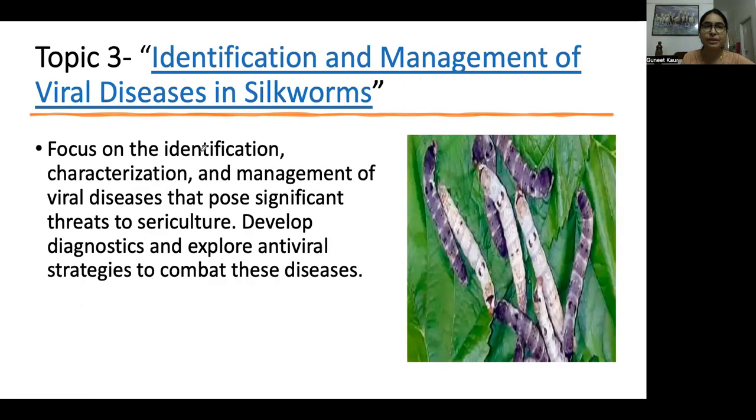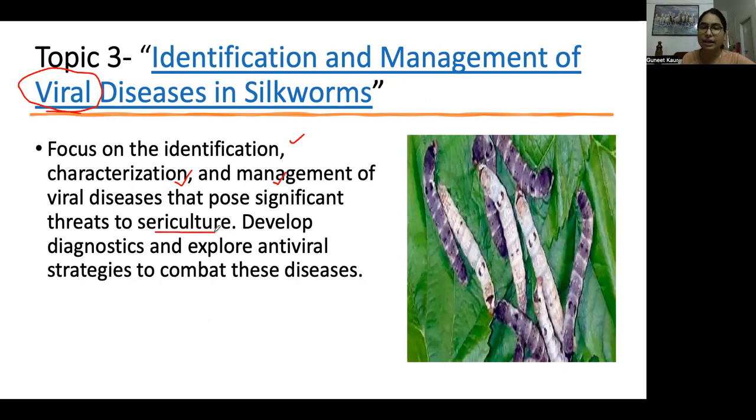Okay. Next is topic 3, identification and management of viral diseases in silkworm. Okay, just caused by viruses. So how do you focus on this? Focus on the identification, characterization and management of viral diseases that pose significant threats to sericulture.